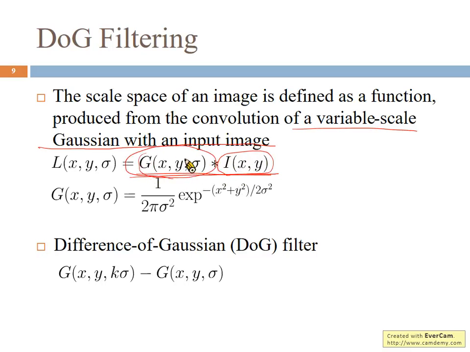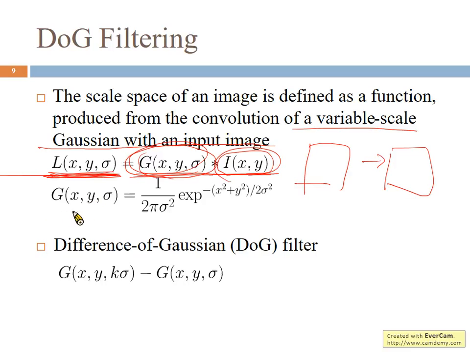If you have taken an image processing course, you may know that when you convolve an image with a Gaussian kernel, the image will be more blurred. This is something like smoothing. So L(x, y, sigma) is the blurred version. And this is the definition of the Gaussian kernel.